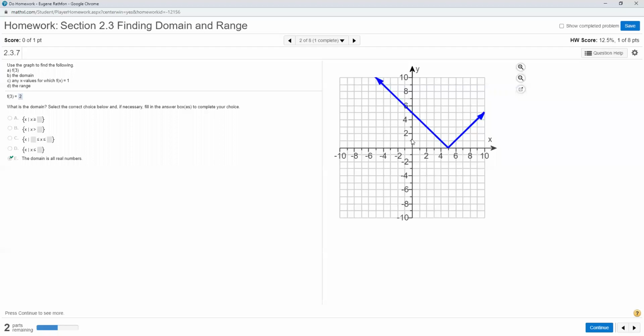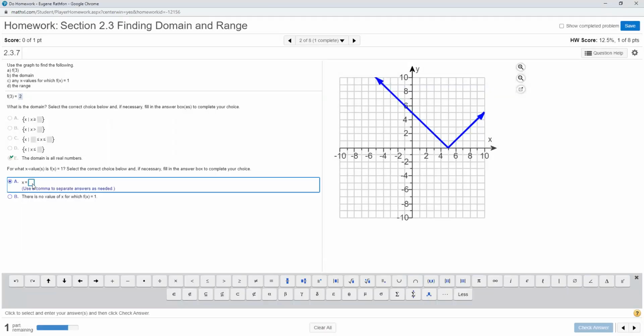Next, any x values for which f of x equals 1. So I want to know 1 on the y-axis, going straight across here. I need to know what point's right here on the x and what point's right here on the x. So this first one is at 4. So I would put my 4 comma.